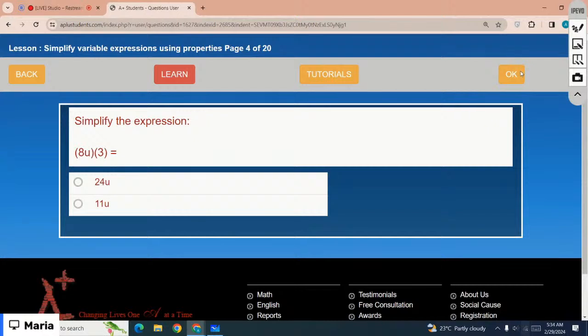Simplify the expression. Twenty-four U. Option number 1 is the correct option.